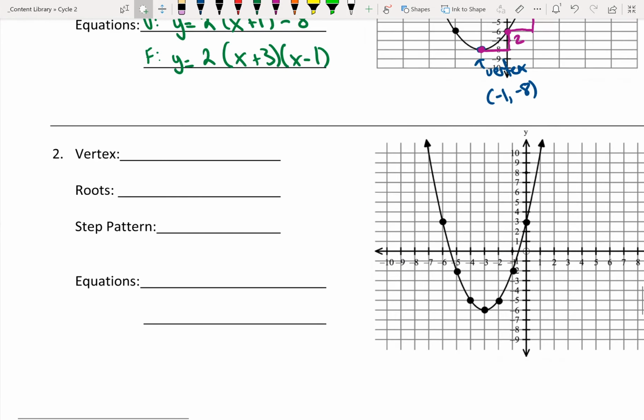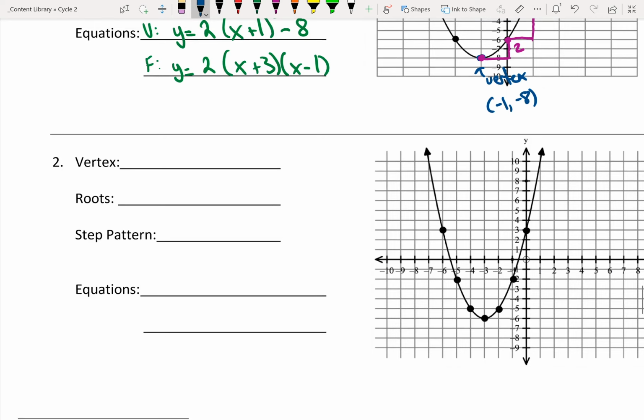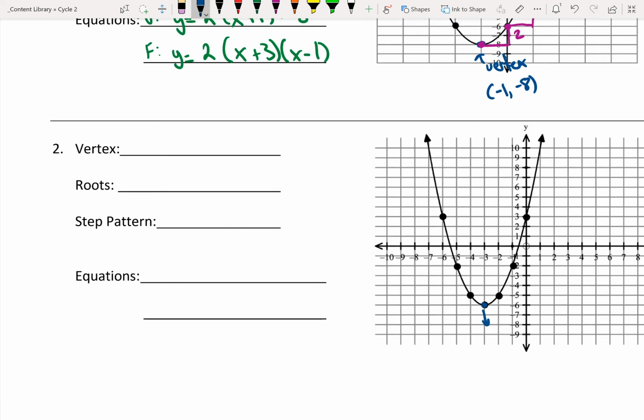So again, the vertex is the maximum or minimum point. So here is my vertex. It has a value of (-3, -6).